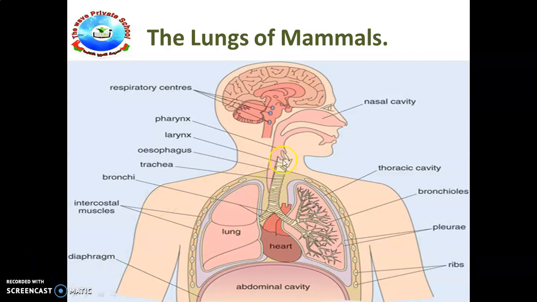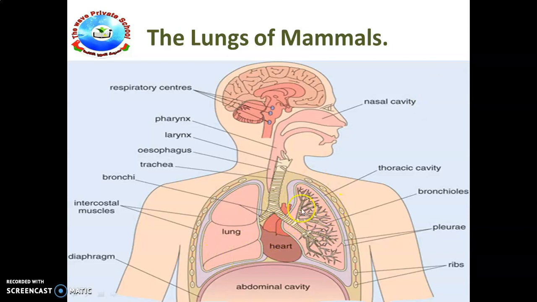So by that you can see the trachea further divided into 2 pipes here. These are the 2 primary bronchi which are entering into the 2 sides of the lungs. After they reach each side of the lung, they will be dividing into many branches, a tree-like structure you can see here.